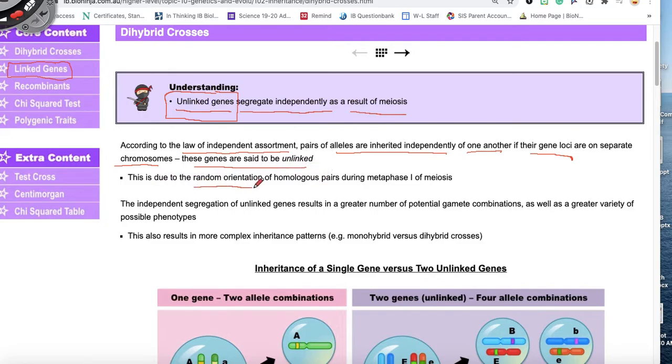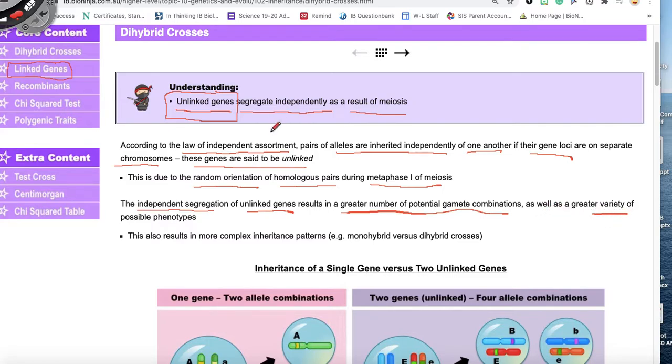This is due to random orientation, which we saw back in the last topic 10.1. So this is due to the random orientation of the homologous pairs during metaphase 1 of meiosis. The independent segregation of these unlinked genes results in a greater number of potential gamete combinations, as well as a greater variety of possible phenotypes.